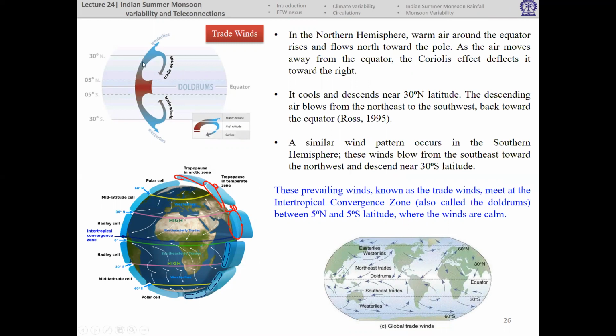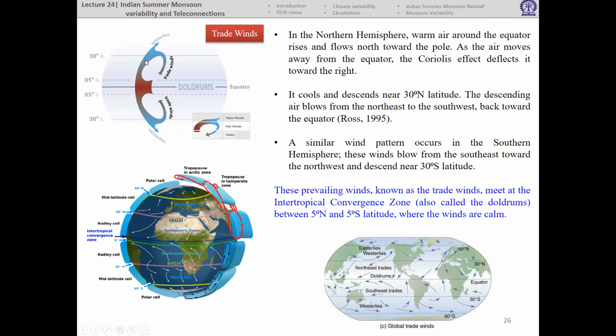As air moves away from the equator, where the Coriolis force is very small, the Coriolis force becomes stronger, and this northward movement becomes weak, and it tends to subside over this region around 30 degrees north.